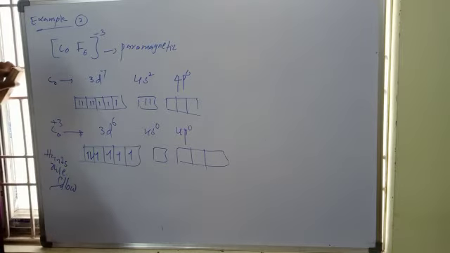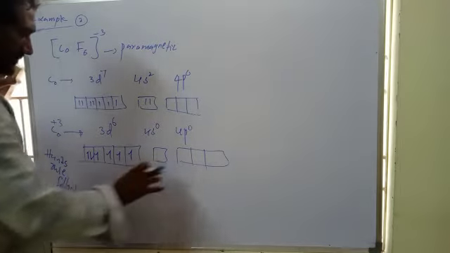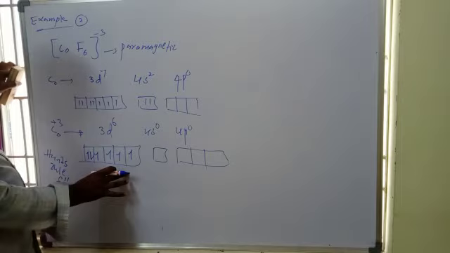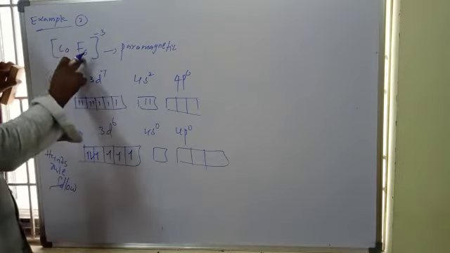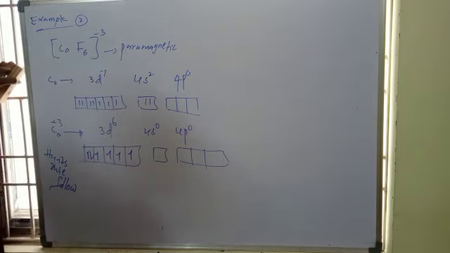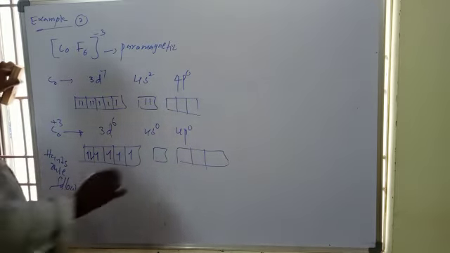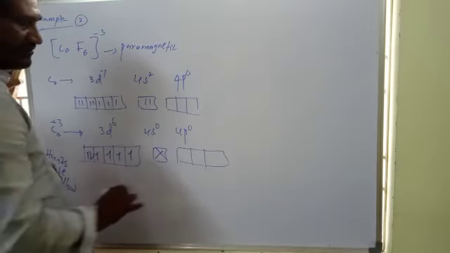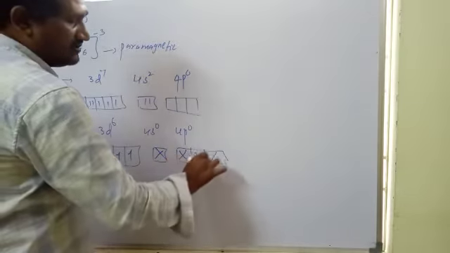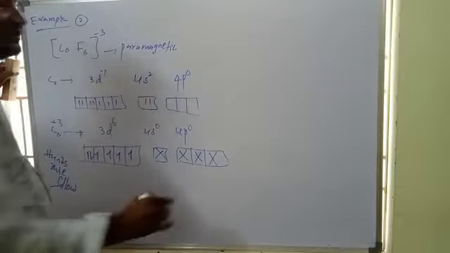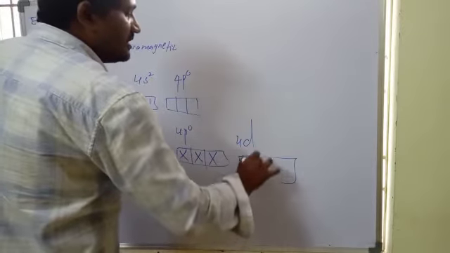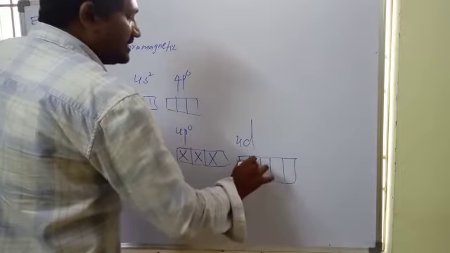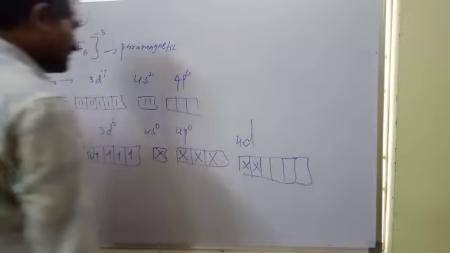Now there is no vacant orbital in the 3d orbitals. Your coordination number is 6, which means 6 empty orbitals of the metal are required. So the s orbital gives 1, the p orbitals 3, and the remaining 2 belong to 4d orbitals.